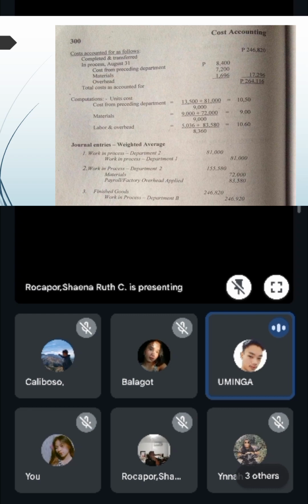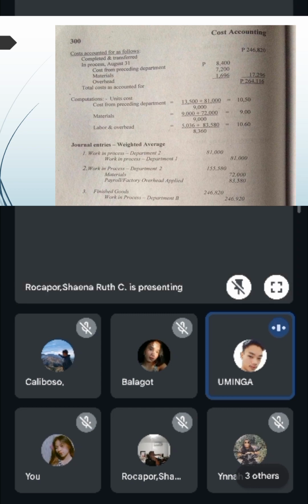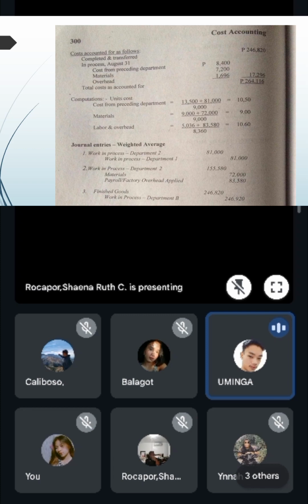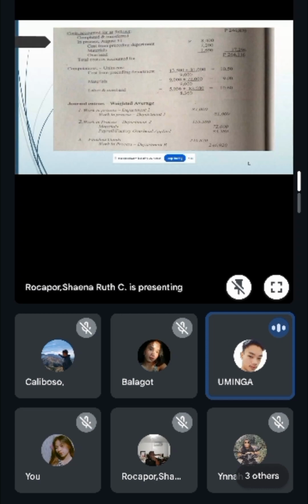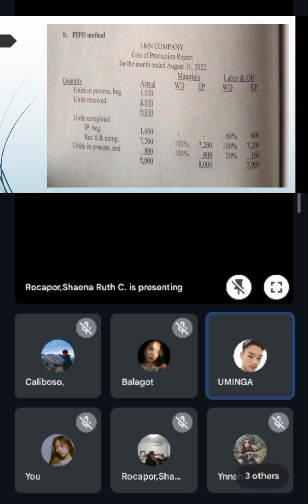Number 2, debit work in process Department 2, 155,380, then credit materials 72,000 and credit payroll and factory overhead applied 83,580. Number 3, debit finished goods 246,820, then credit work in process Department 2, 246,820. Next reporter, please.